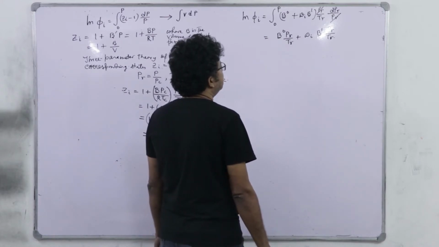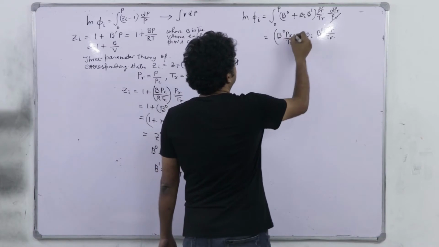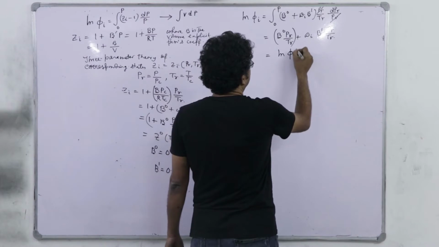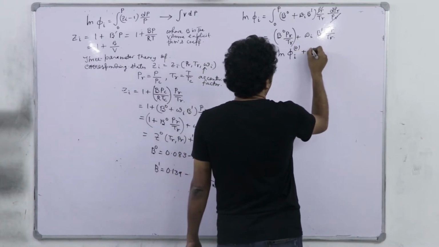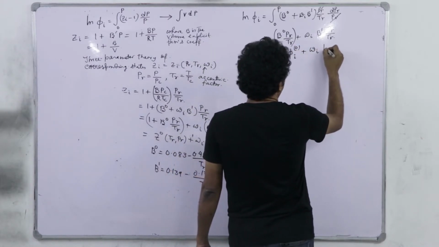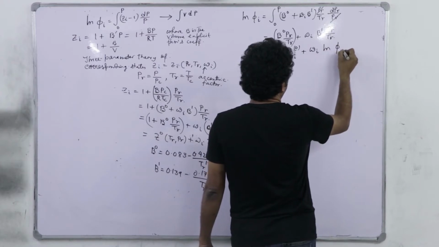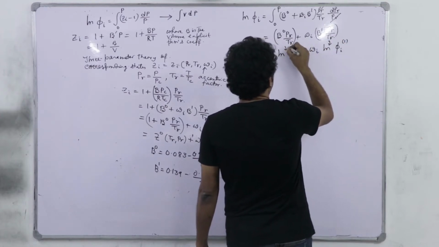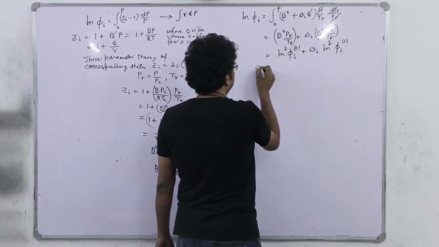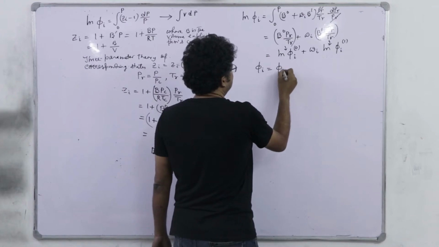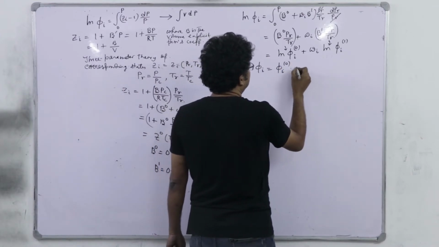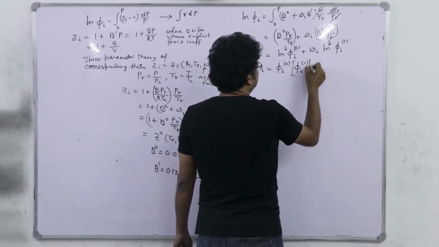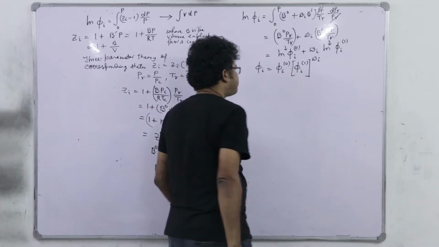Further we can write this as ln phi i0 plus omega i into ln phi i1. We are trying to match the mathematical form, and from there we can write phi i equal to phi i0 into phi i1 to the power omega i.